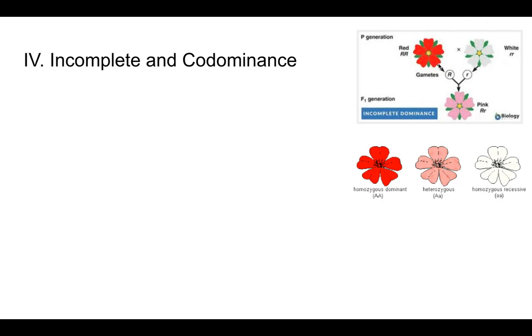Check this out. You have a red flower that is crossed with a white flower. In the parent generation, the red flower is homozygous dominant red. The white flower is homozygous recessive. If I really did the cross between these 2 parents, all of their offspring would come out heterozygous.